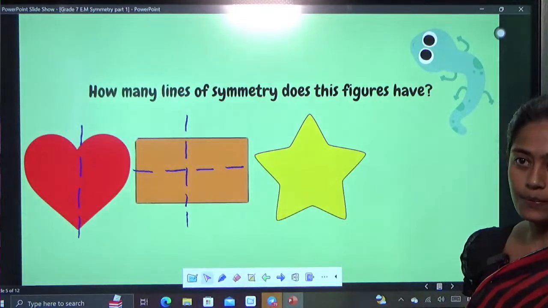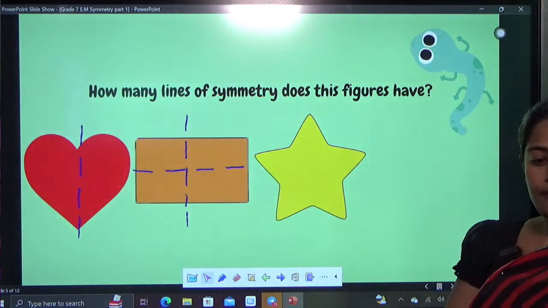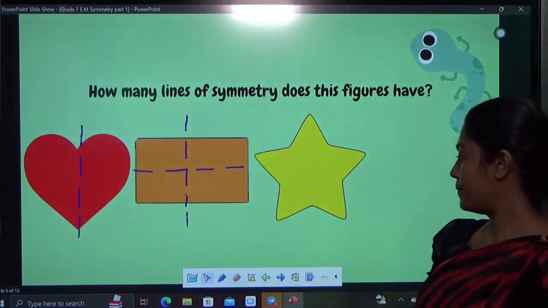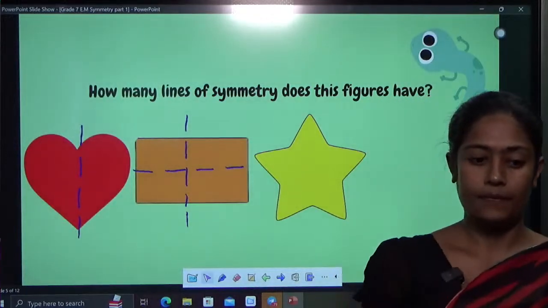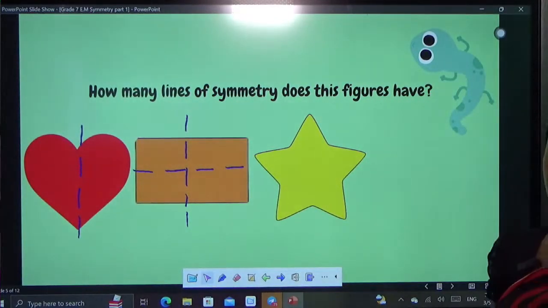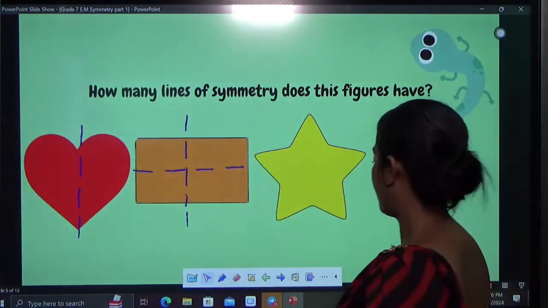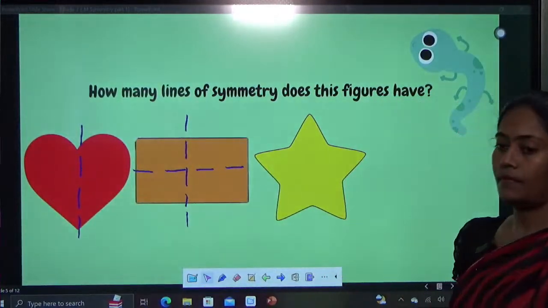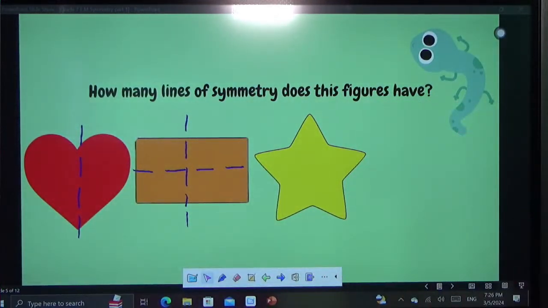You have to draw in your book, then find how many symmetrical axes there are. Right.